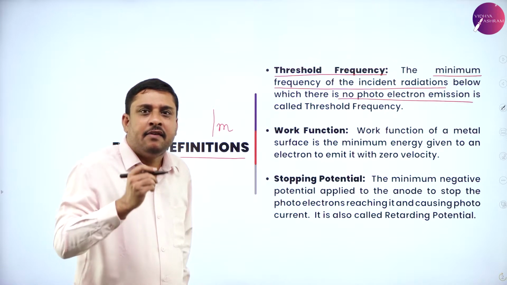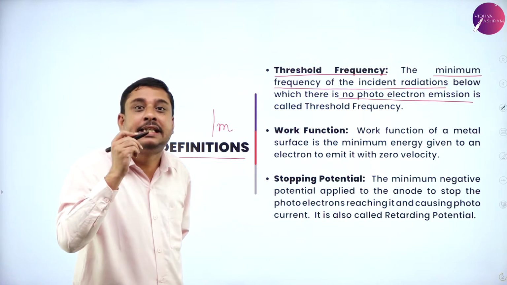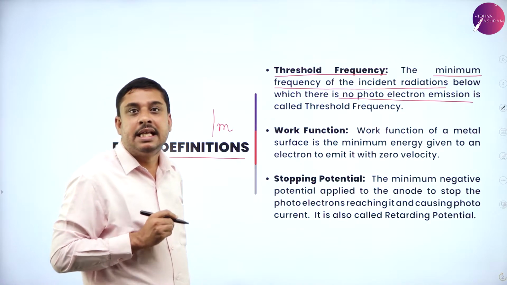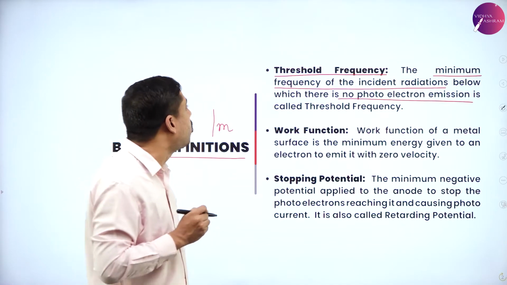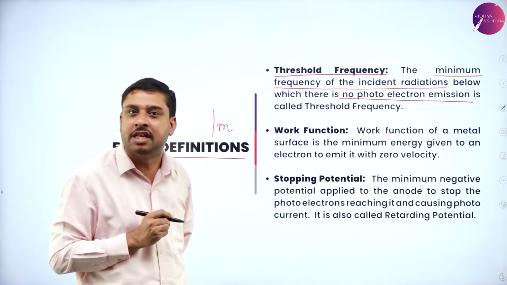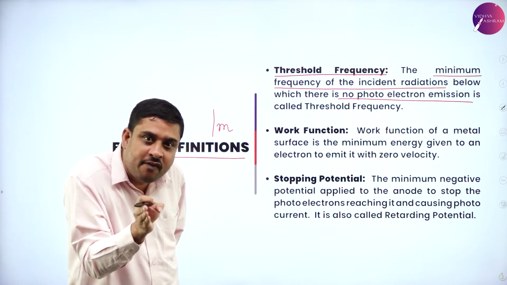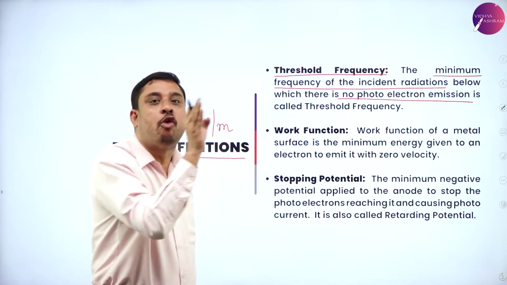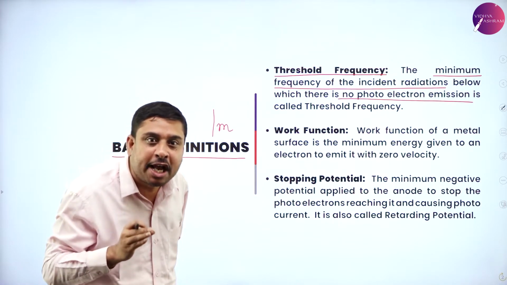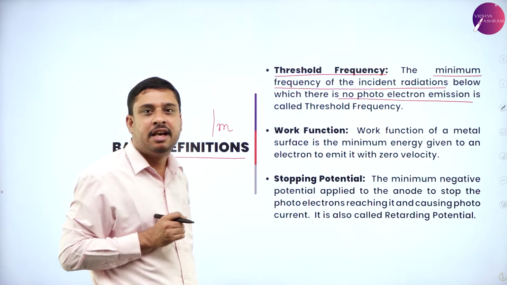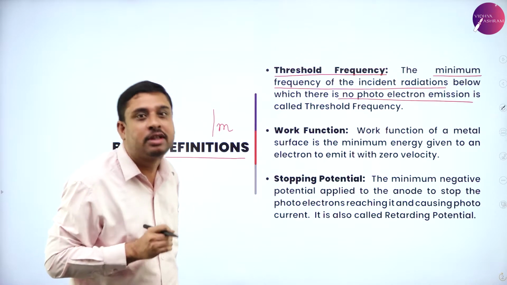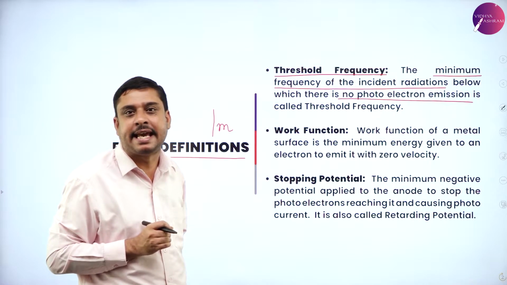Therefore, we define threshold frequency as the minimum frequency of the incident radiations below which there is no photoelectric effect. Liberation of electrons take place if the frequency is above threshold frequency.